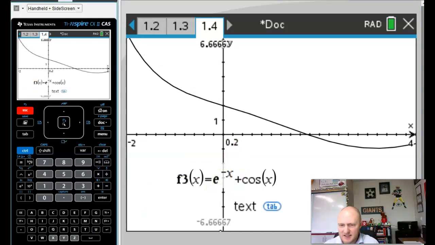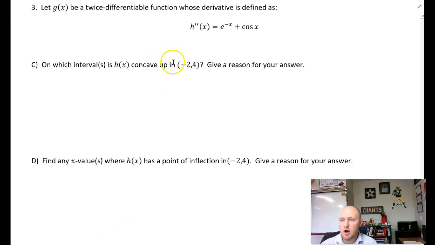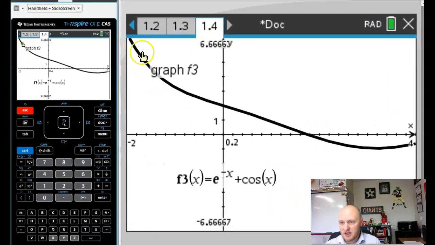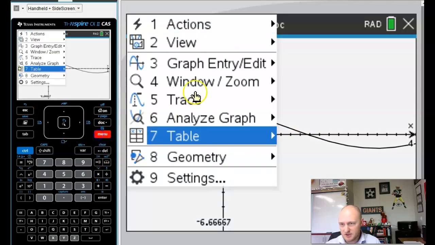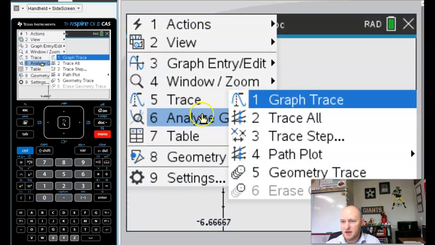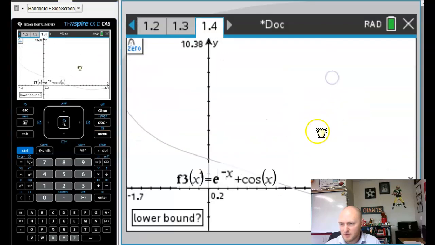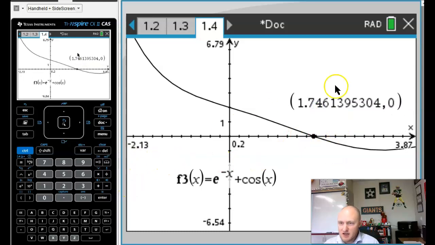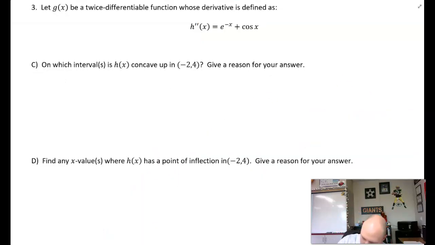Okay, and looking at the questions here, where is it concave up? Well, that's where h double prime is positive. Okay, so this is h double prime. So where is it positive? Well, starting at -2 all the way up until this point. So I need to know where that point is. So here's my 0. Okay, 1.746, and so we have -2 to 1.746.